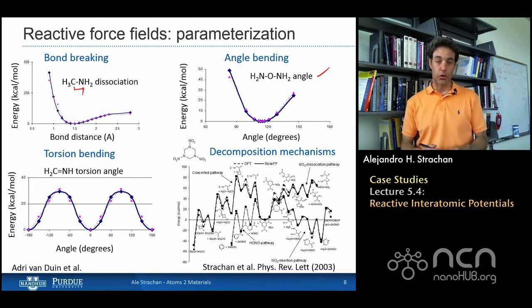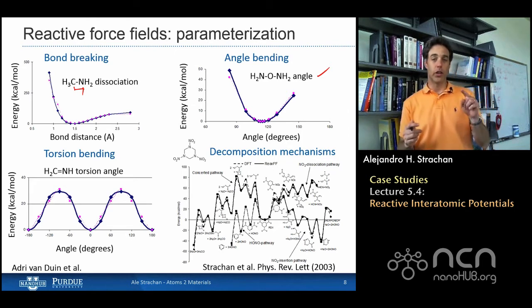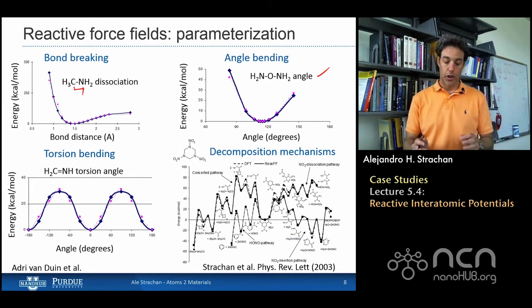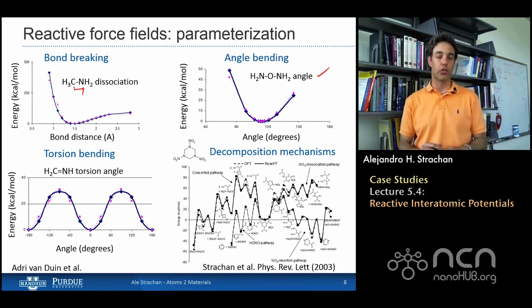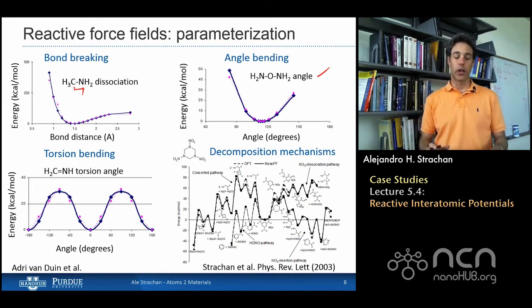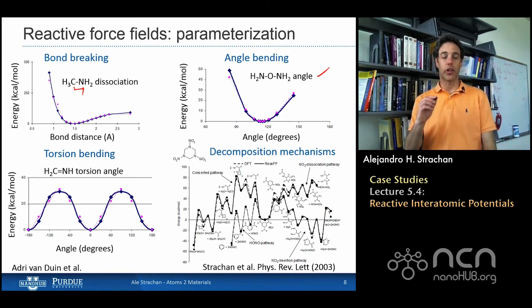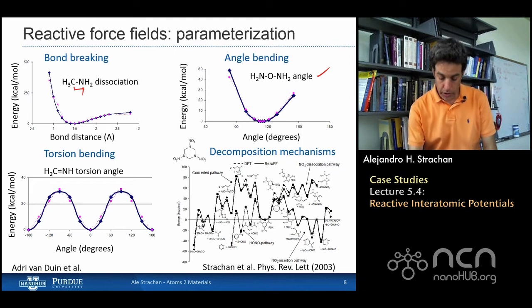In this plot, what I'm showing is the decomposition of an energetic material called RDX, and I'm showing 4 different decomposition pathways in the gas phase. For each path, I'm showing all the intermediate reactions during the decomposition and the associated transition states.